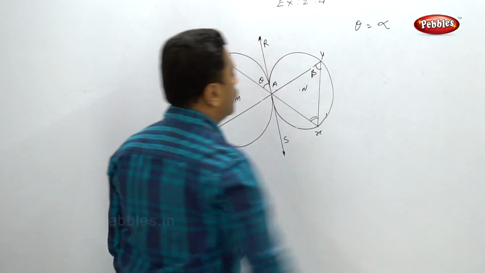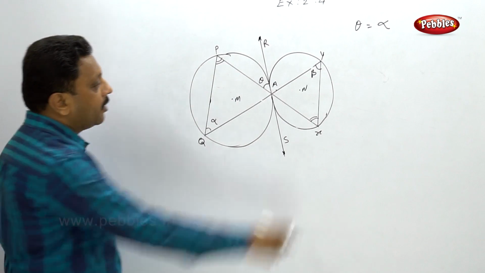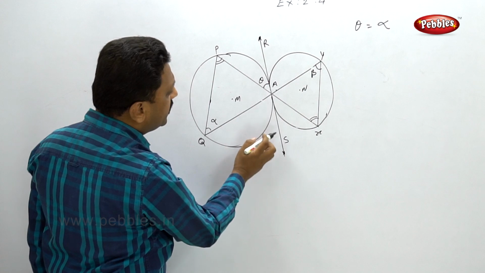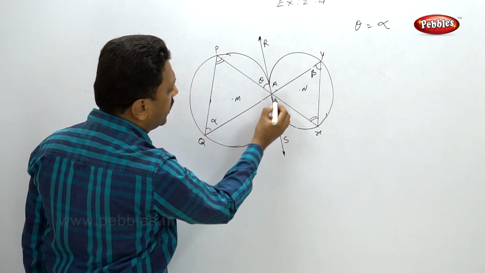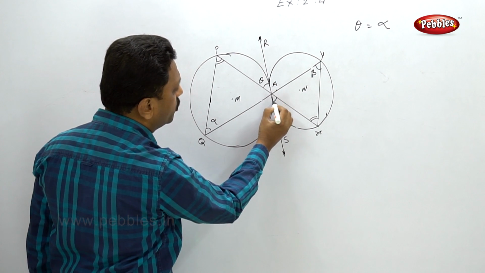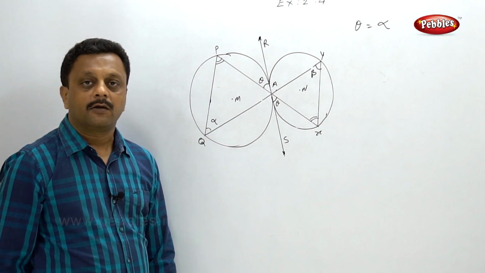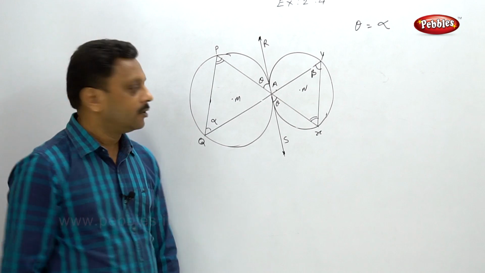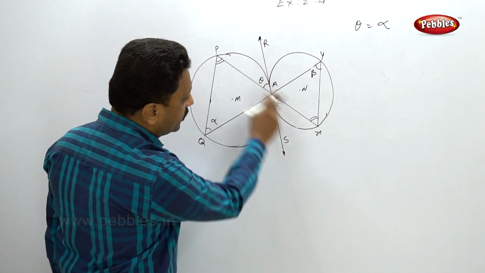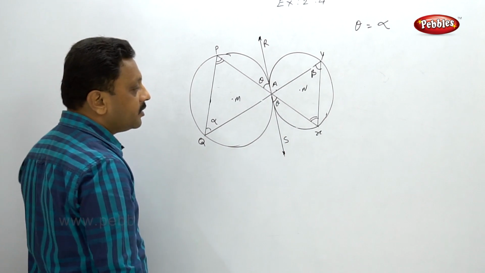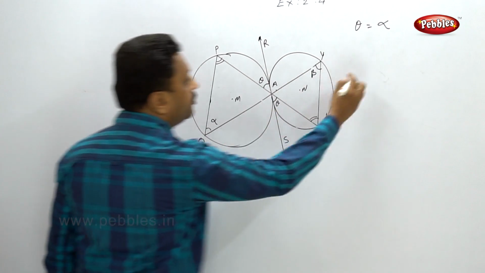Theta is equal to alpha. Correct? And now in this circle, can you see that these are crossing lines and these are exactly opposite angles? This is also theta because opposite angles are congruent, right? So if this is the tangent, this is the secant, and so by angles in alternate segment, theta is equal to beta.